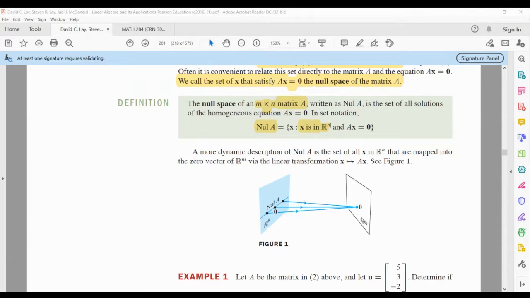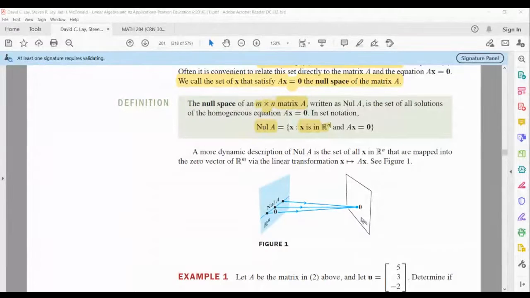It's just the vectors that get mapped to the zero vector. And you can see that in figure 1. The vectors that lie in the null space of A, all of them get mapped to the zero vector. And the zero vector is a vector in m-dimensional space. That makes sense because you're multiplying the vector x by an m by n matrix, so the product would be an m by 1, and so the zero vector would be m by 1.